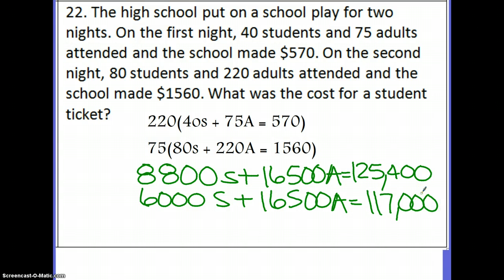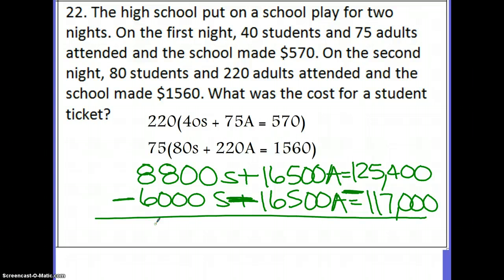And because we need to get 0, we have the same number, 16,500, but we need 1 to be negative. So we're going to change our signs and add them up.